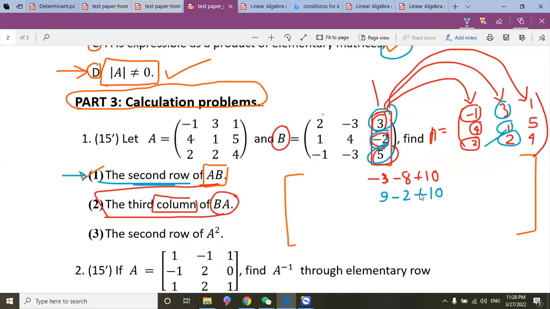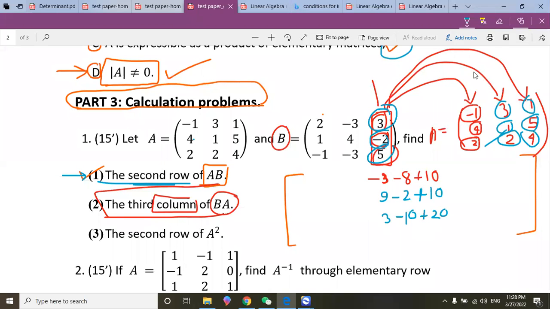And the third entry, that will be 3 multiply 1, that is 3, minus 2 multiply 5, that is minus 10, and 5 multiply 4, that is 20.